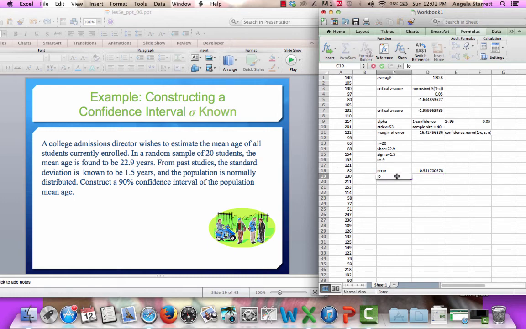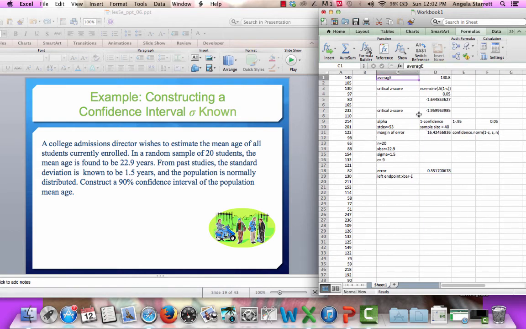All right, let's call it left endpoint, is going to be x bar minus the error. So this is going to be equals 22.9 minus this error, and our right endpoint is going to be x bar plus the error.